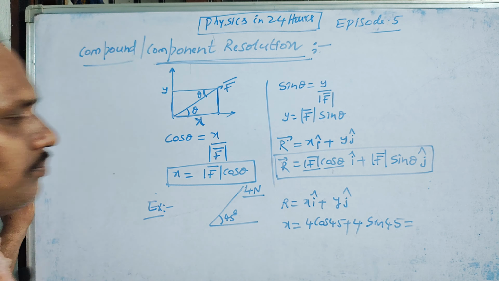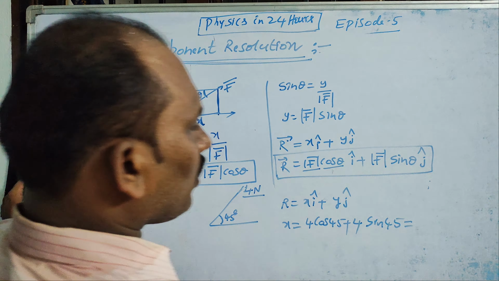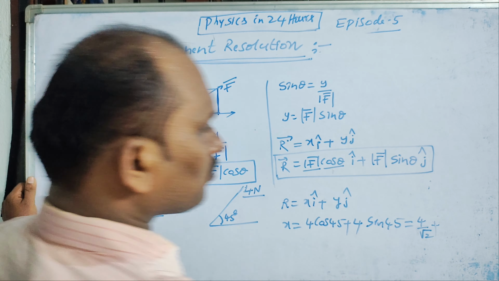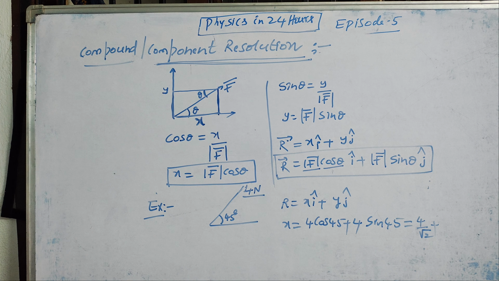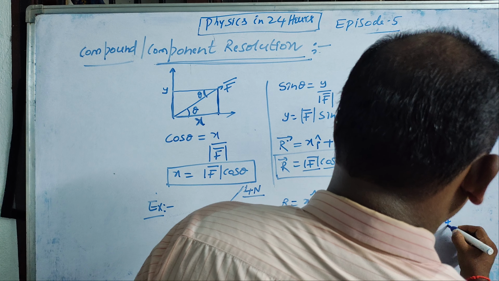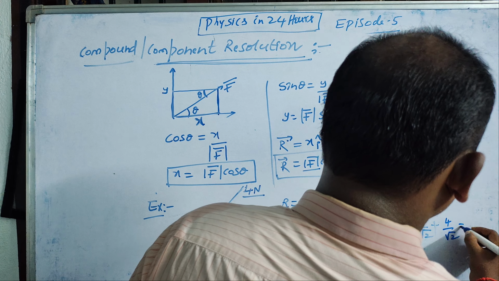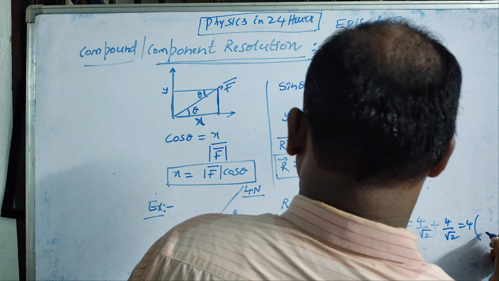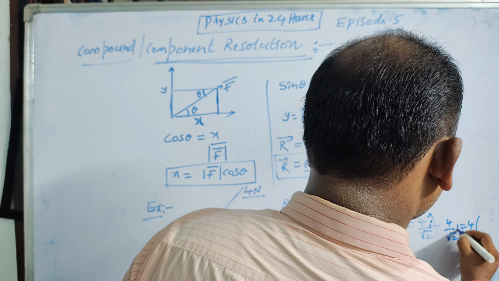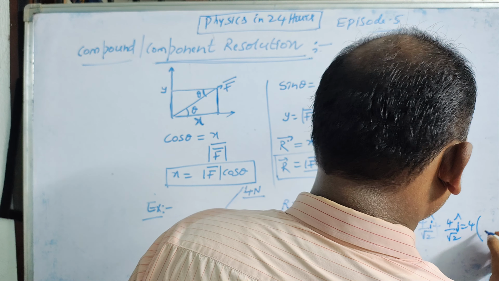So what do you get? 4 cos 45 degrees. Cos 45 is 1 by root 2. What is sin 45? Sin 45 is also the same, 1 by root 2, so 4 by root 2. So what you get? 4 is common. So here is i cap, and this is j cap. 4 is common.